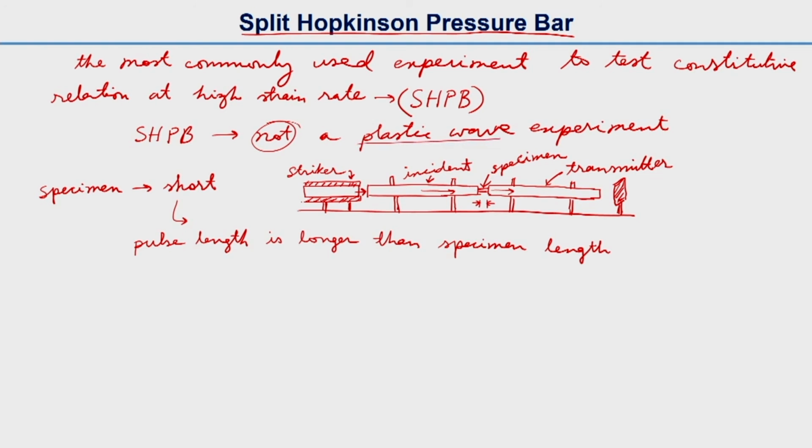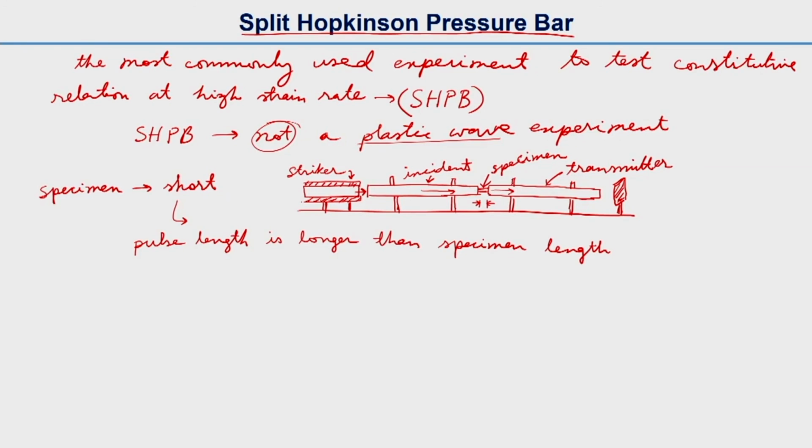It handles only elastic waves. Although the specimen is plastically deformed, the specimen length is very short, and the incident bar and transmitter bar undergo only elastic deformation. The elastic wave propagates from the incident bar to the transmitter bar through the specimen.